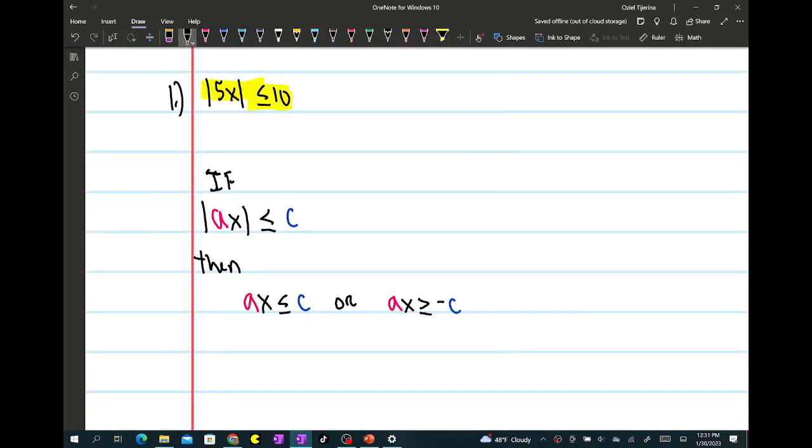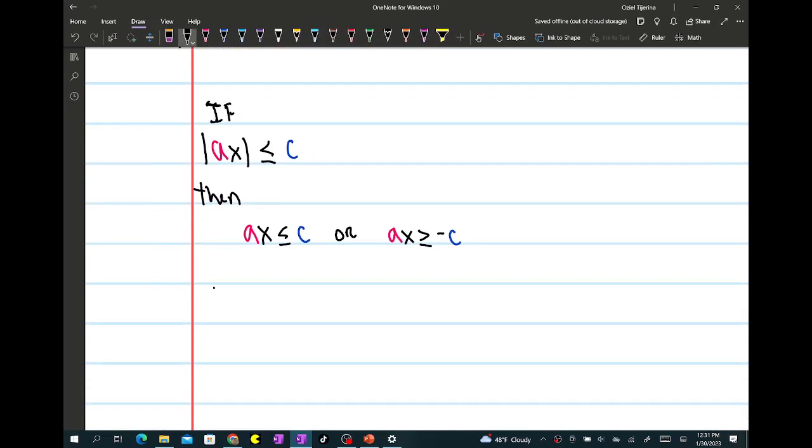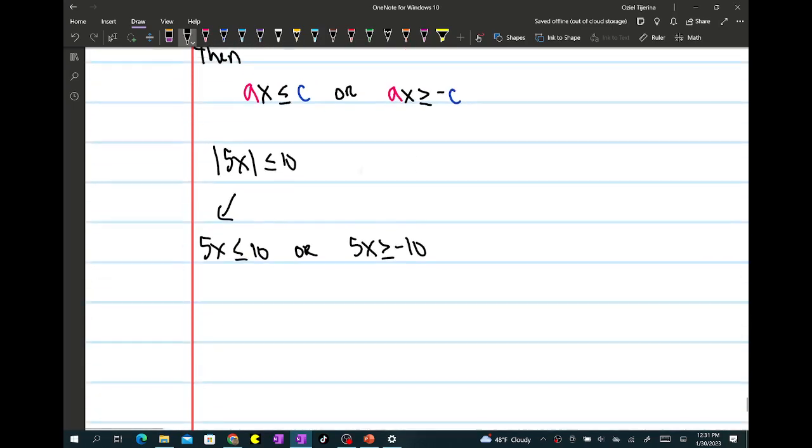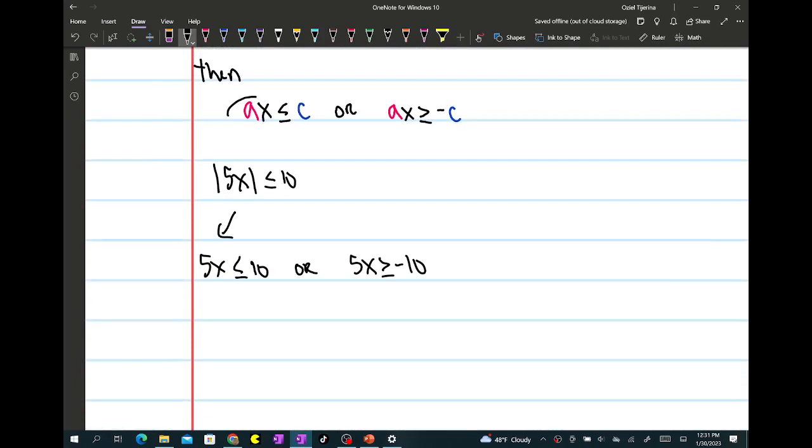If I have the absolute value of 5x is less than or equal to 10, then that means two things. Number one, 5x is less than or equal to 10, and 5x is greater than or equal to negative 10. I'm just using this rule here, right?